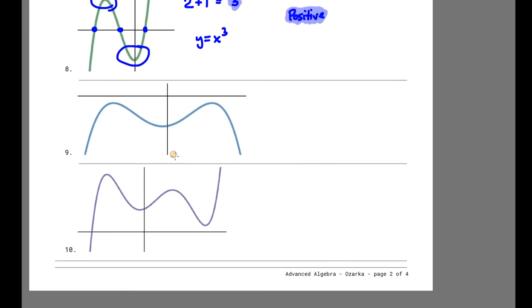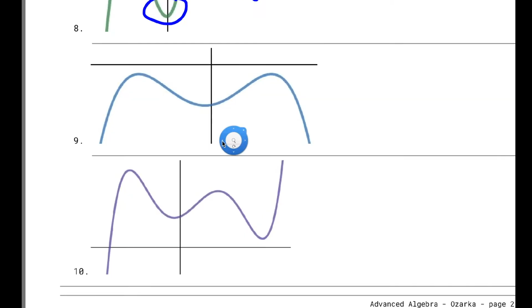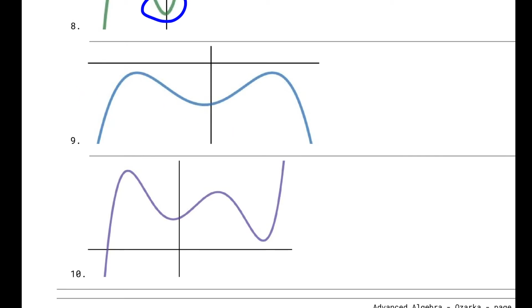Okay, here we have no real solutions for those x-intercepts. It does not intersect the x-axis anywhere, which is totally fine, because what we can do is use the number of relative extrema. So we have a relative extrema here, here, and here, and we can find the lowest possible degree for this polynomial that way. So there's going to be 3 of those, and you just add 1 based on the relative extrema rule that we have, and you're going to end up with 4 for that one.